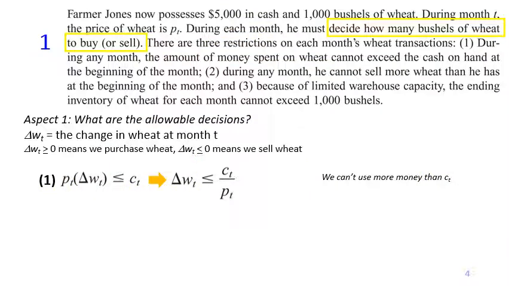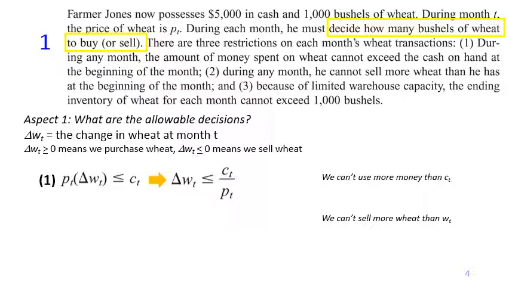We have seen that the first constraint gives us the limit on how much we can buy the wheat. Now the second constraint is the one that limits us in selling the wheat. The first one specifically gives us the limit on purchasing the wheat. The second one specifically gives us the limit on selling the wheat.